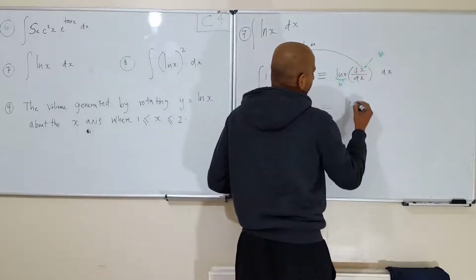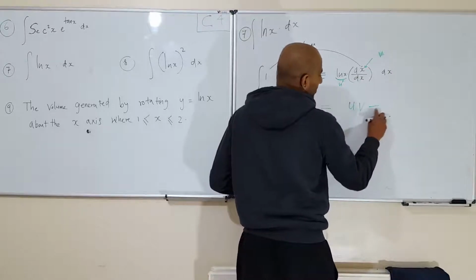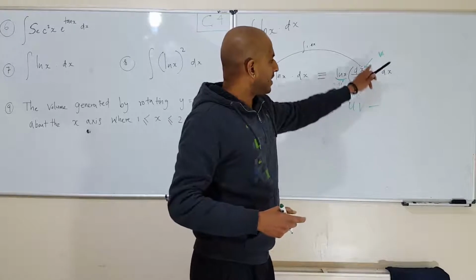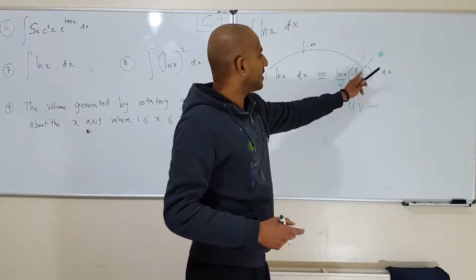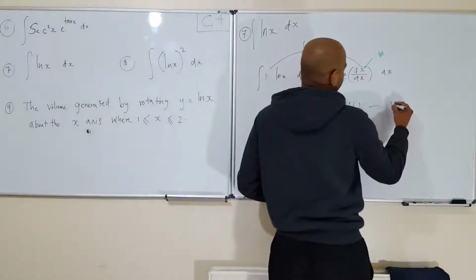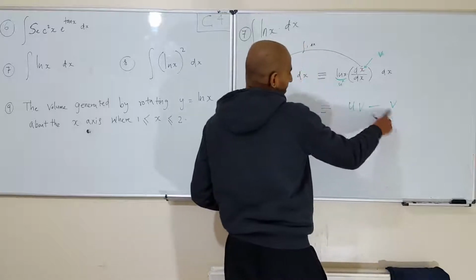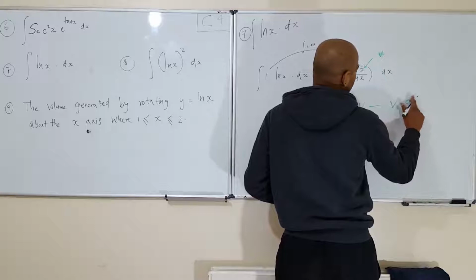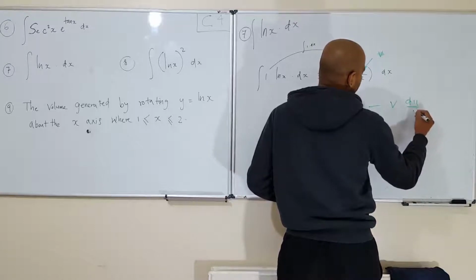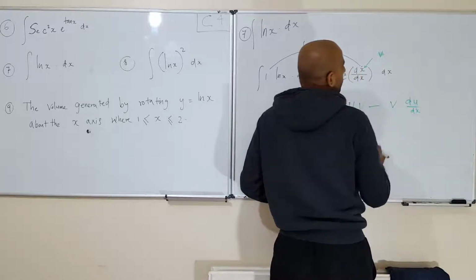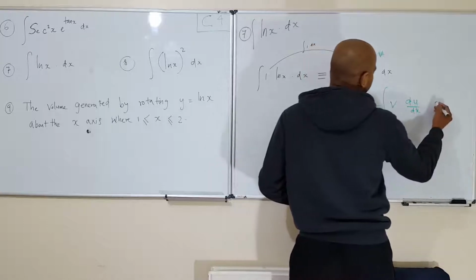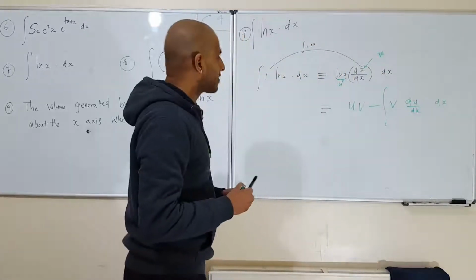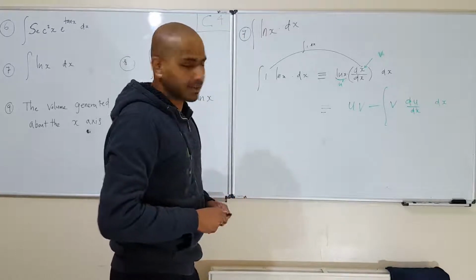U times v minus, it's always minus. I'm going to take that v outside, I would say taking it out from the cage. It's like a cage, isn't it? V outside, and I'm going to differentiate u, du over dx, and integrate the whole thing. This is called integration by parts.